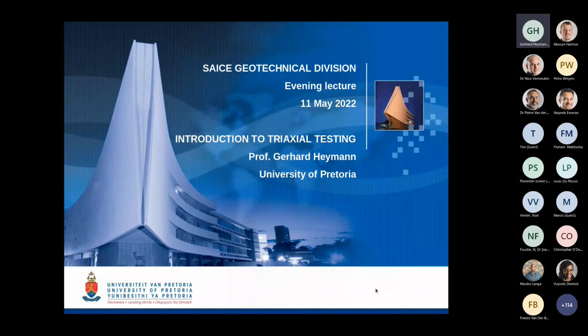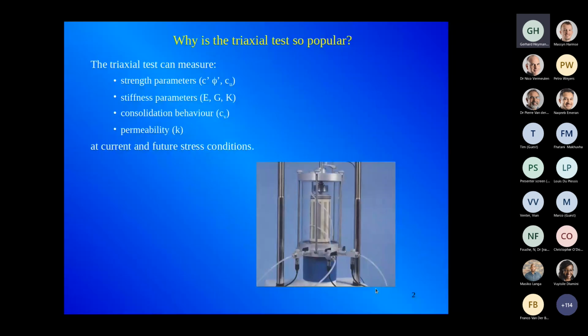With that as an introduction, let's start with a very obvious question. And that question is, why is the triaxial test so popular? And the answer is pretty obvious if you're involved with triaxial testing, and that is versatility. The triaxial test is the most versatile test that we have in geotechnical engineering.